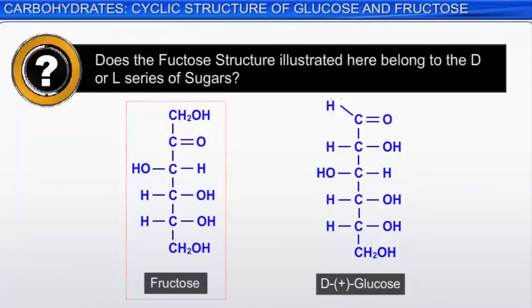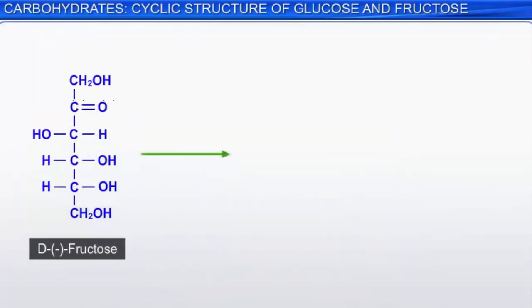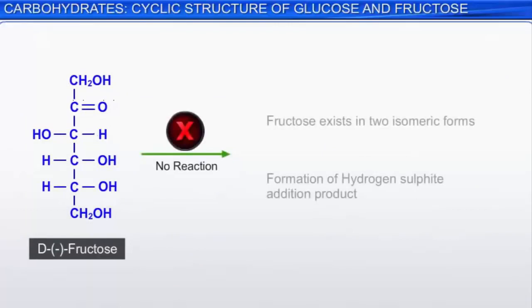Its open chain structure along with the name D-(-)-fructose is illustrated here. As the open chain structure fails to explain certain facts like its existence in 2 isomeric forms and the formation of hydrogen sulfite addition product, the ring structure was established.